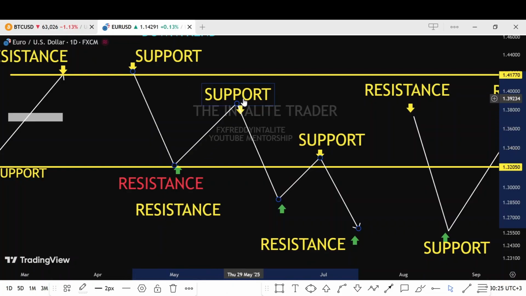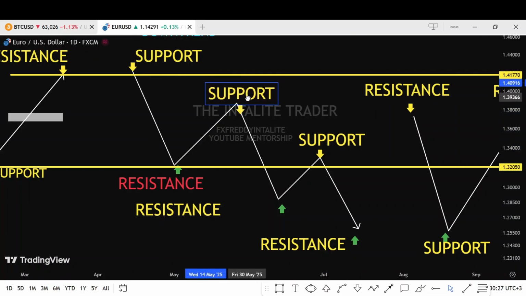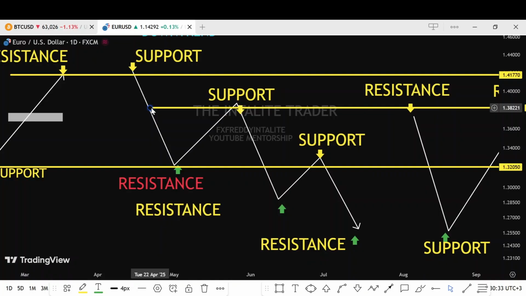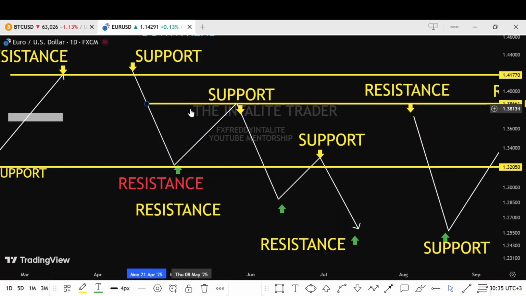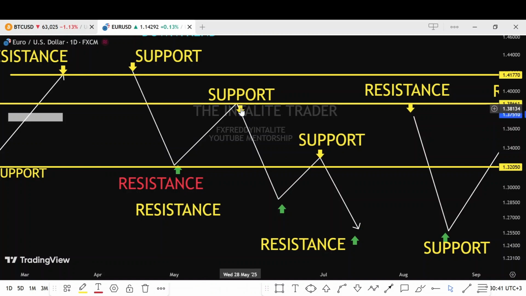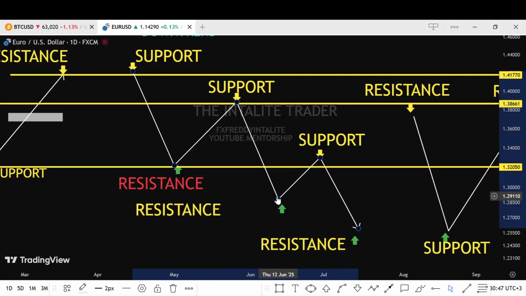So this level is going to act as support again. It will find a level and use it as support to continue pushing down.